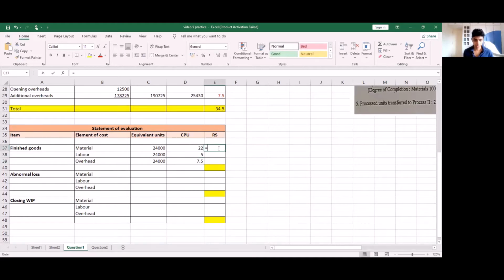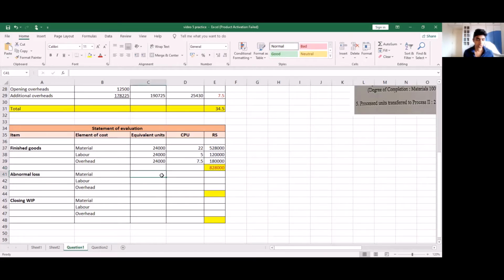We will multiply our equivalent units with our cost per unit to get a total. We will do the same for labor and overheads and sum these three values to get the total amount for finished goods. So our total of finished goods is coming up to 8,28,000.